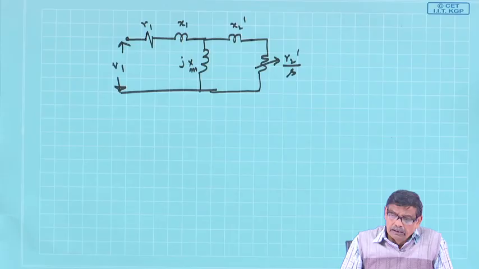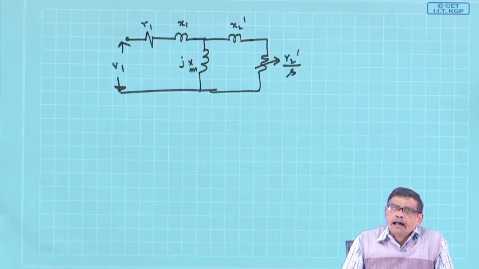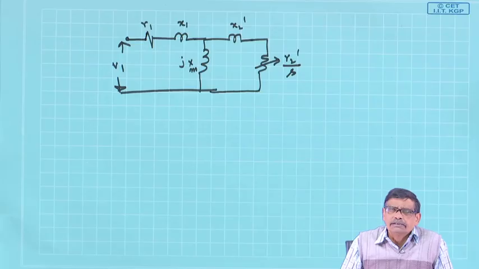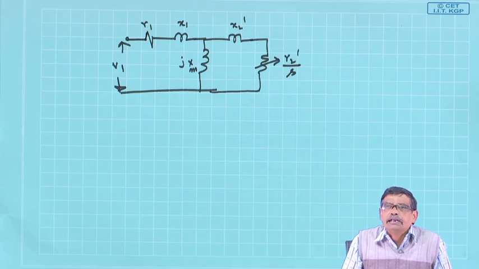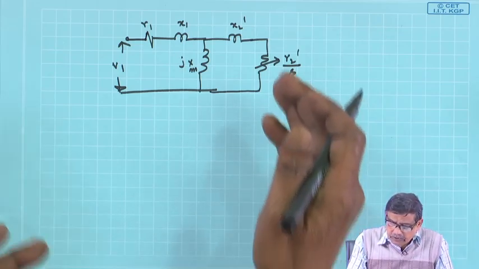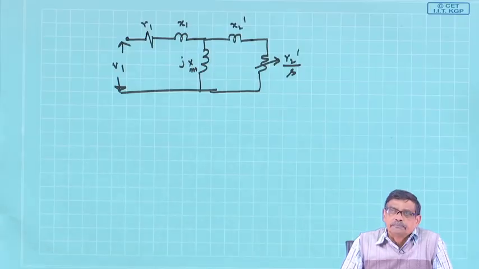Therefore, once the number of poles are the same, I can always think those poles have been created by an equivalent 3 phase winding on the rotor, whose per phase resistance is R2 dashed and X2 dashed.